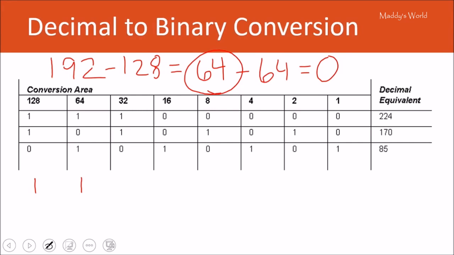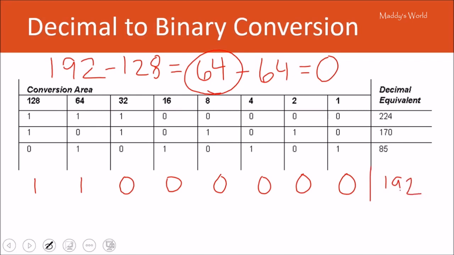Well, no, there's nothing remaining. So I put 0. The answer is no. And that's what 0 represents, no or false. Same thing with 16. I've got a 0 there. There's nothing remaining, so I can't even subtract 8 or 4 or 2 or 1. And so, of course, my decimal equivalent for this would be 192.